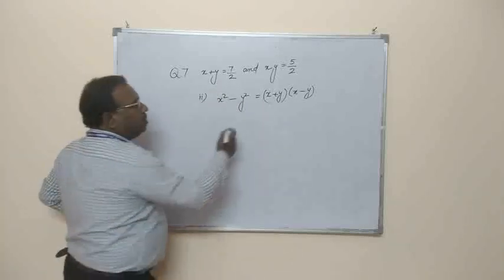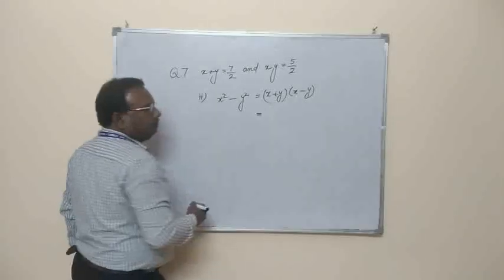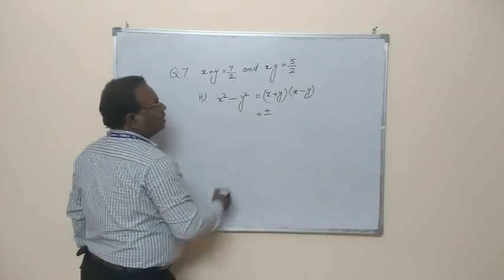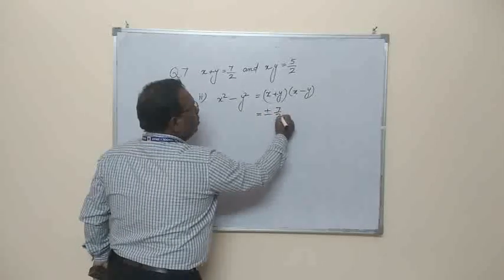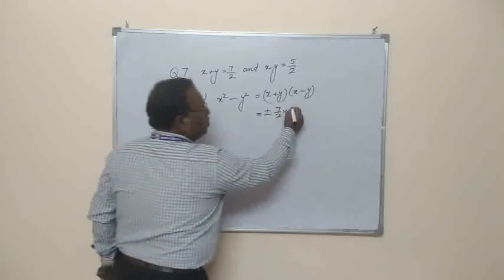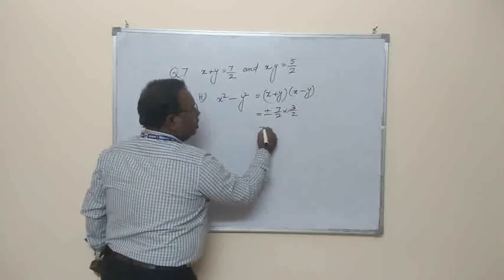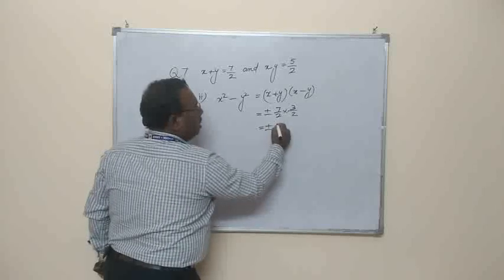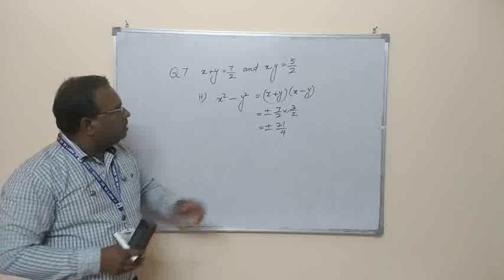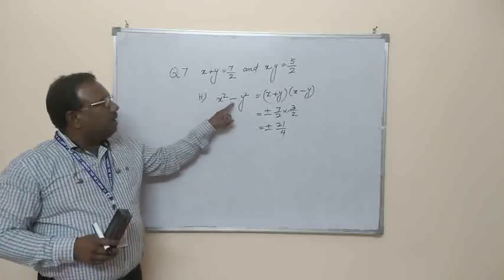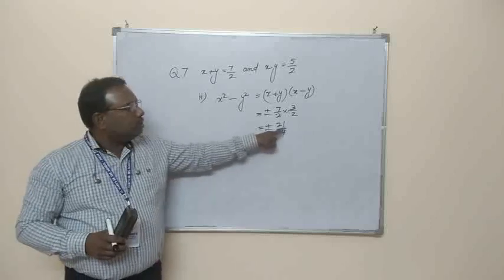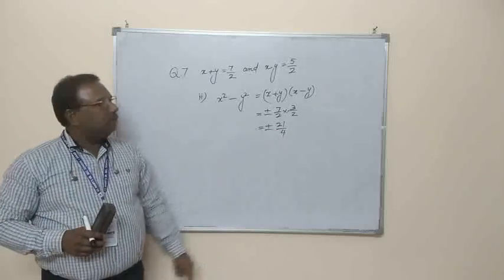Now let us substitute the given values. 7 by 2 into plus or minus 3 by 2, which is equal to plus or minus 21 by 4. That is, the value of x square minus y square is equal to plus or minus 21 by 4.